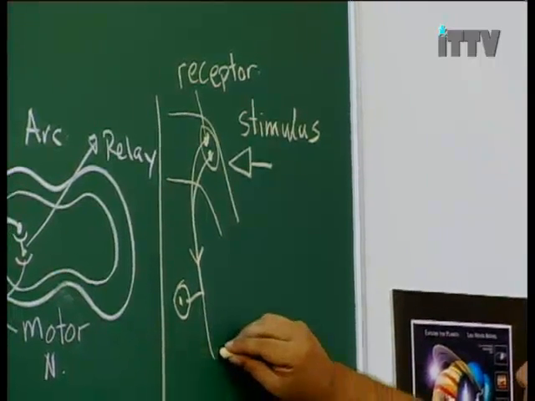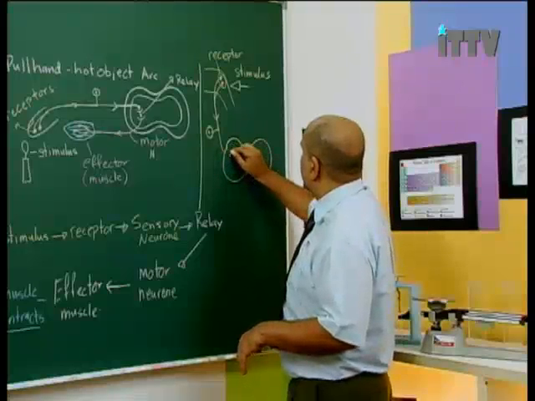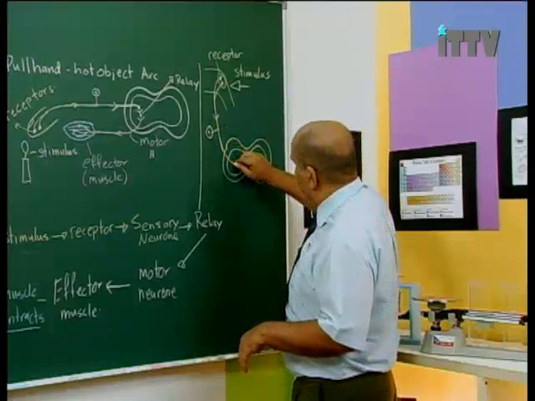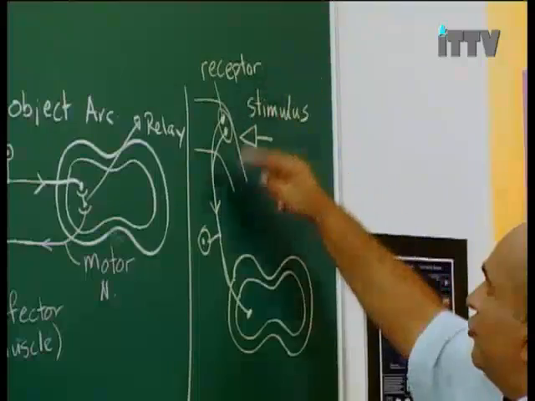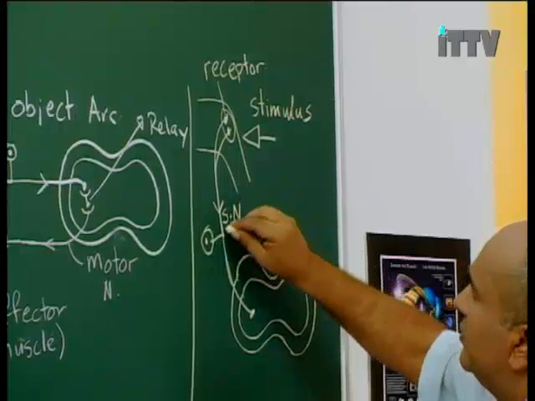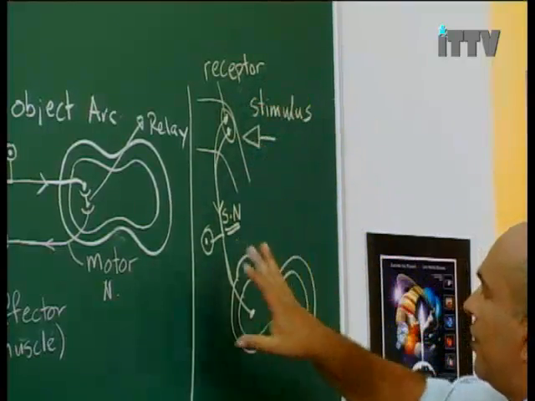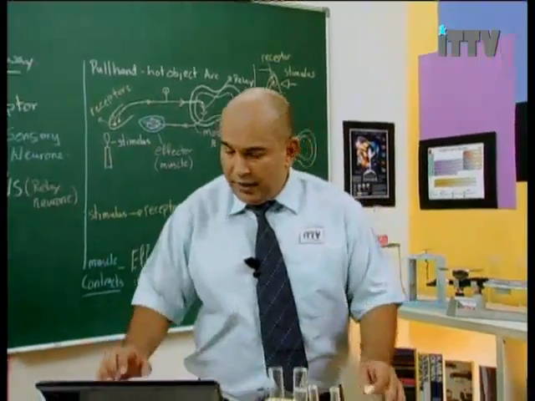Let's draw in a nice spinal cord over here. And the sensory neuron arrives here. So we've sent the message through the sensory neuron. Let's just label this SN so we know that that's our sensory neuron. Stimulus, receptor, sensory neuron, and we're moving into the spinal cord. Okay, let's move on and see what happens next.